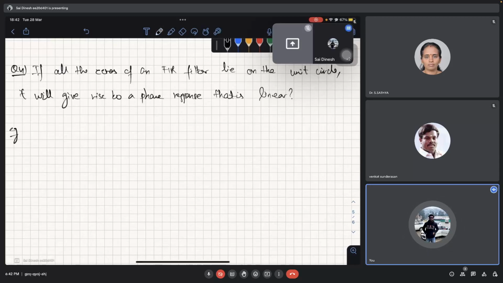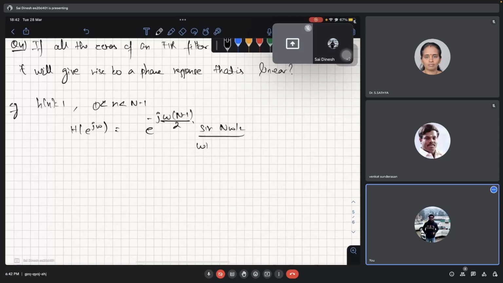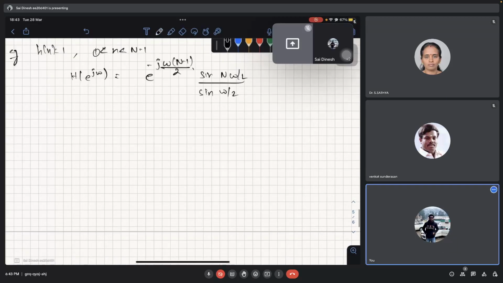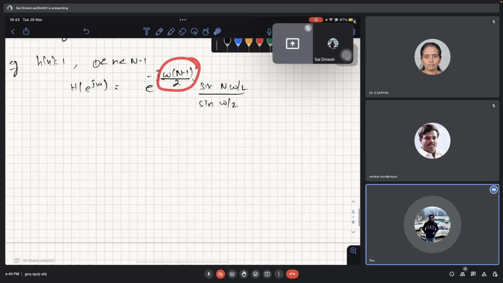So let's take the example h[n] equal to 1 for 0 less than or equal to n less than or equal to N minus 1. Then H(e^{j omega}) is equal to e^{-j omega (N-1)/2} times sin(N omega/2) over sin(omega/2).